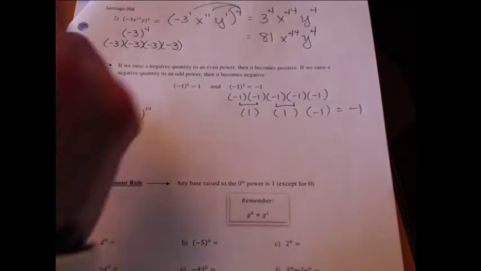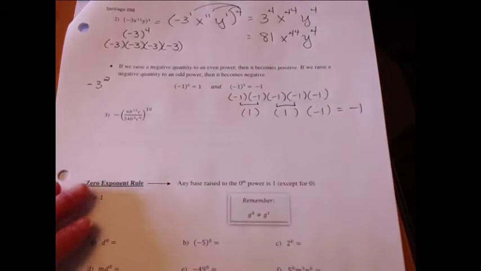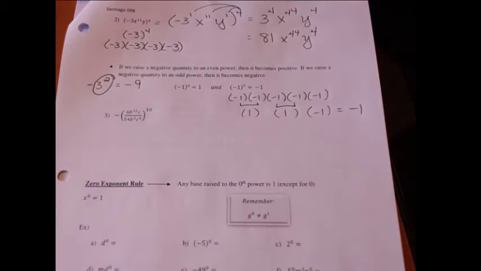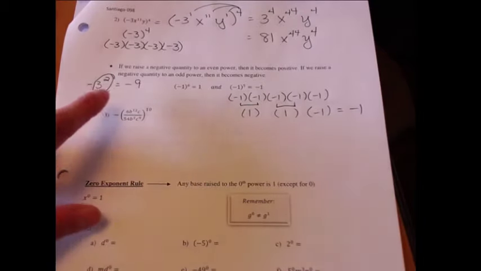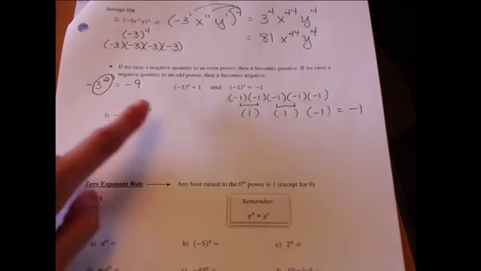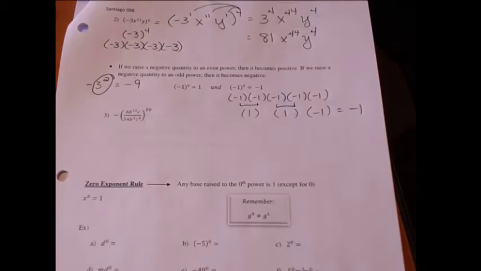It is this idea that if I had negative 3 squared, my answer would actually be negative 9, because the only thing I'm applying that power of 2 to is the base 3. So that negative stays. With number 3, we know our answer is going to be negative. That negative is going to stay. What our focus should be on is what's happening here inside the parentheses and then with that power.